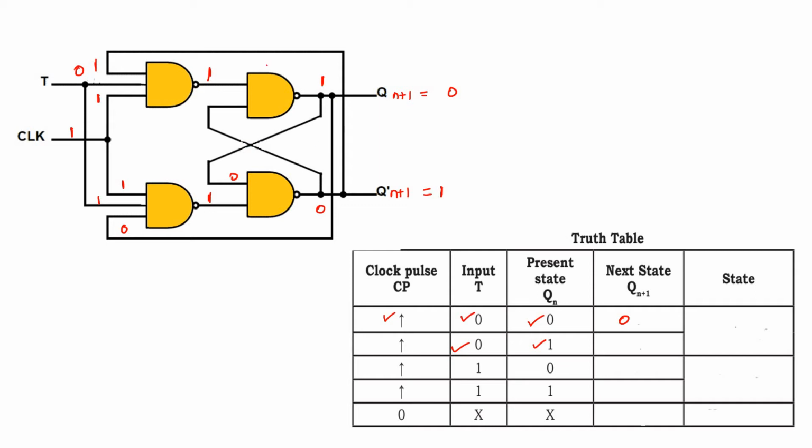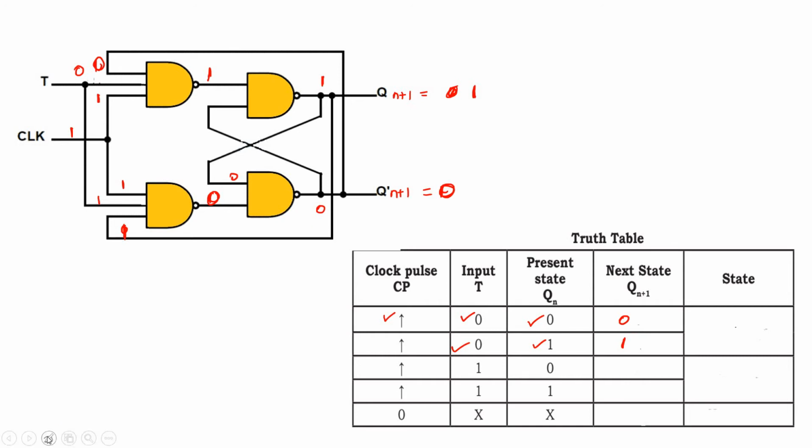So here 0 is connected here, and here 1 is connected. So 1 into 1 into 1, that is 1, 1 bar equal to 0. Here 0 bar equal to 1. 0 into 1, 0 bar, that is equal to 1. And this 1 is connected here, here we get 0. So this is also, we get the same present state, there is no change in the state.